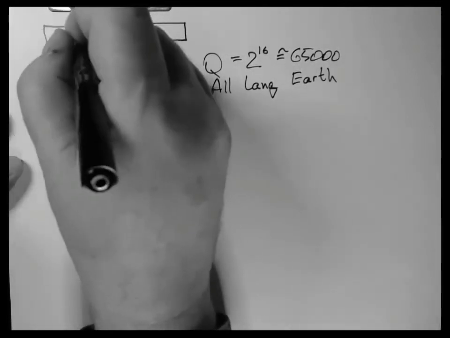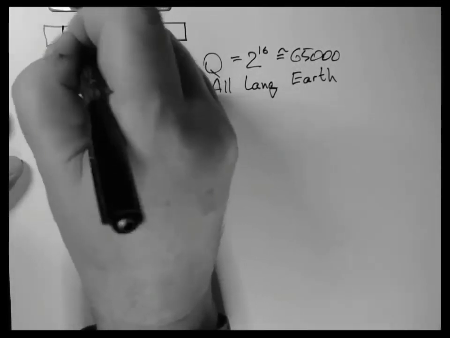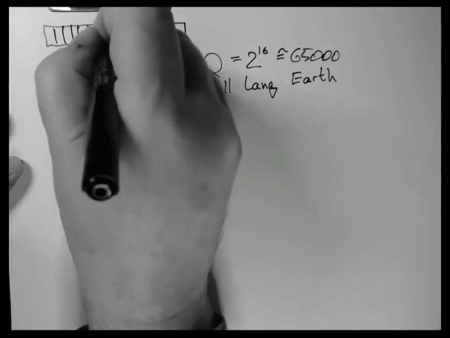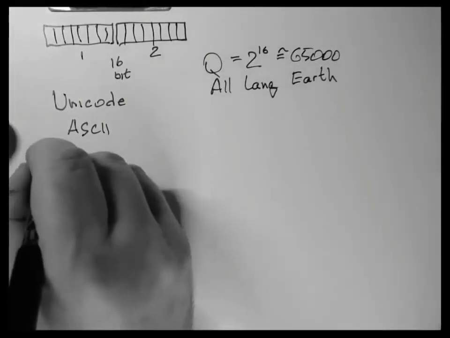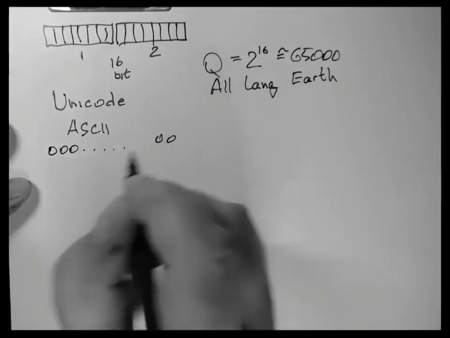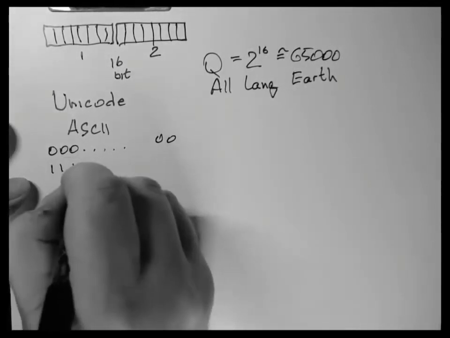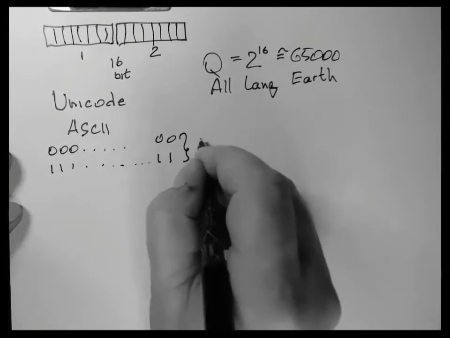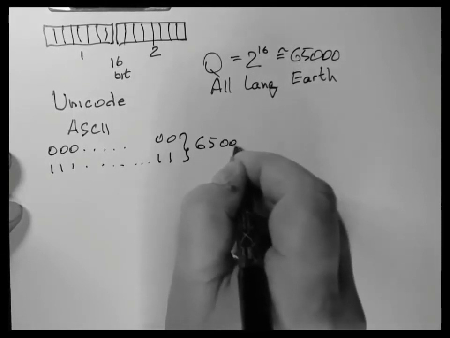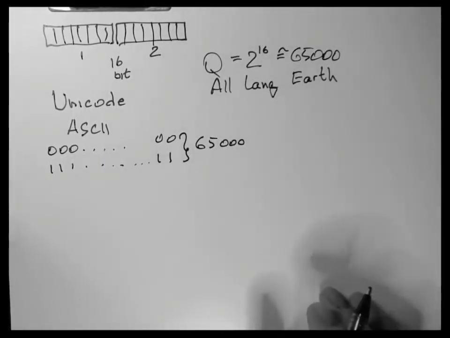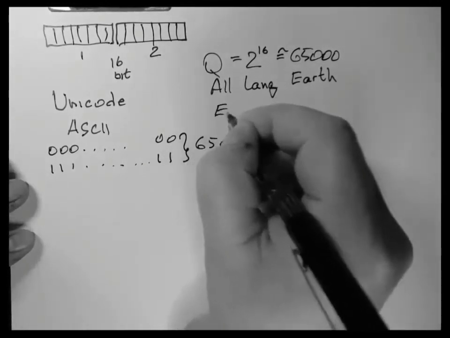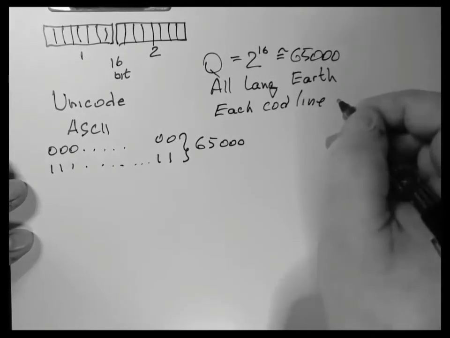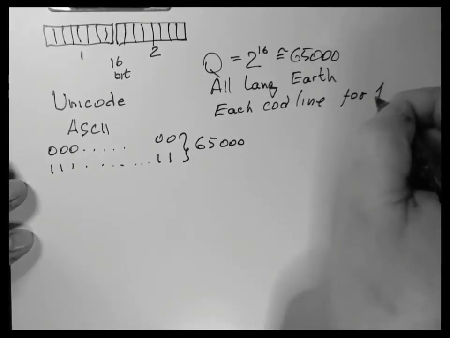So that is 8 bits, folks, in each byte, totally 16 bits. Definitely this is from 16 zeros to 16 ones. Total more than 65,000 code lines. Each code line, by the way, folks, is the encoding for one symbol.